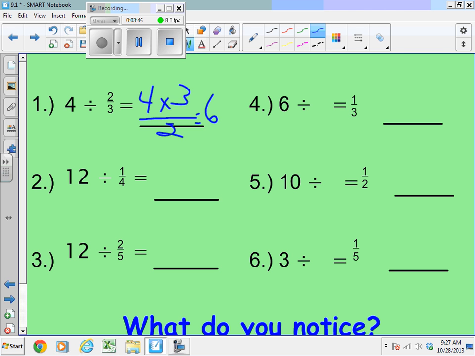Where did we do that problem already? Anybody recognize that problem? I do. Where was it? Tyler? It was the first problem. Wasn't it the necklaces? Yes or no? That was the necklaces, okay? So 12 divided by 1/4.